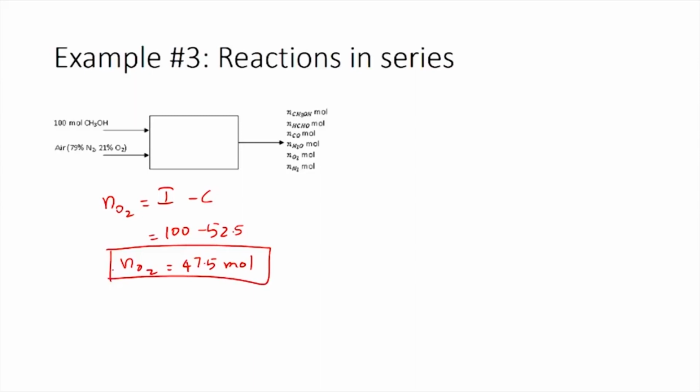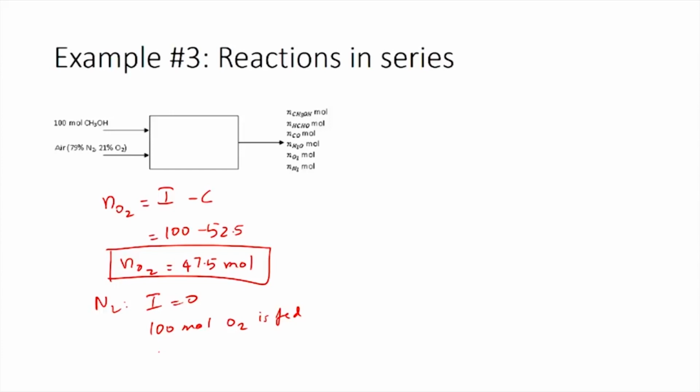So, the last component for which we need to write the balance equations would be nitrogen. Nitrogen is a non-reacting component in this system. So, you would have input equals output. So, we can write the nitrogen balance as input equals output, giving rise to calculations for input alone. Based on the information we have for oxygen, we can calculate the amount of nitrogen. We know that 100 moles of oxygen is fed.